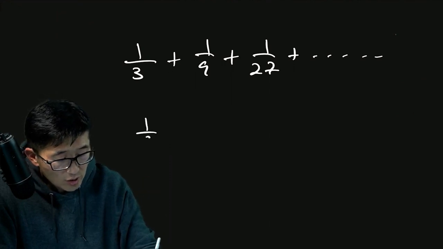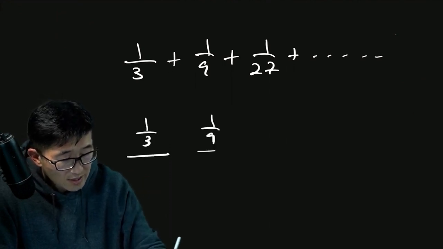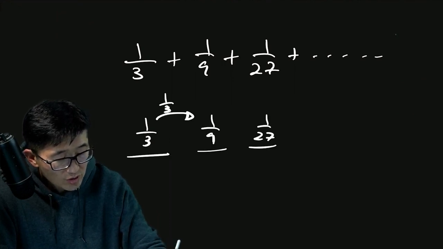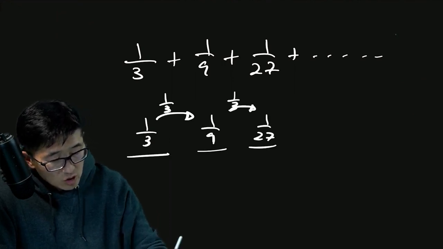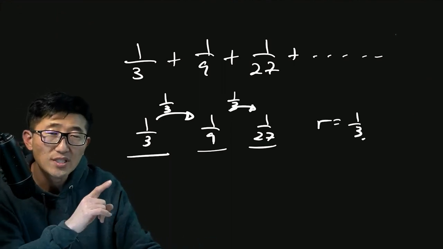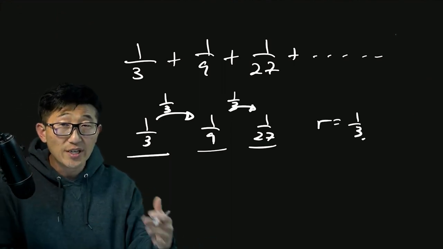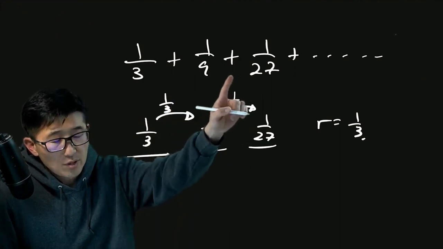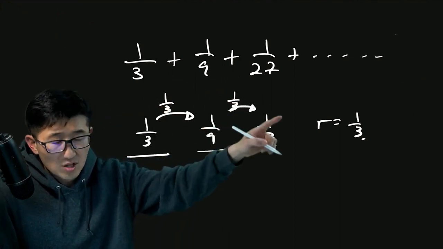So it's like 1/3, 1/9, 1/27, and you realize that the ratio is 1/3. You just multiply. So r is equal to 1/3. A series is basically the number pattern with all of these plus signs in between. You're trying to add it all up.